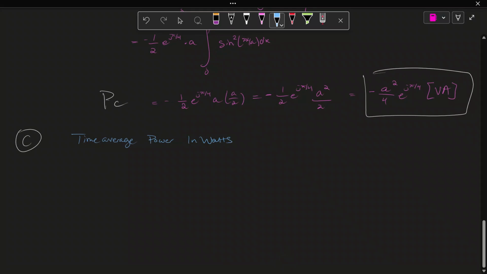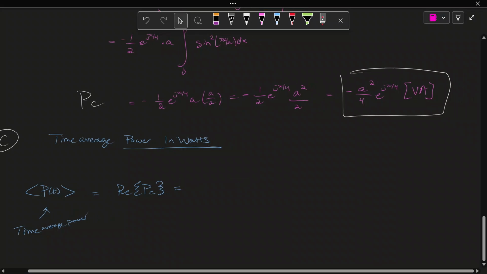What does that mean? Well, we're looking for the real power of the complex power. It'll look like this, by the way. Sometimes they'll ask for it in this form. This is real power, or this is time average power. This is equal to the real component of the complex power.